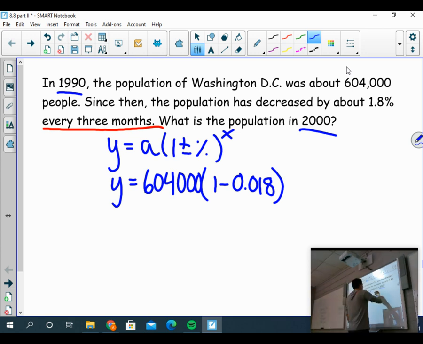Okay? So the question is, how many 3-month time periods happen in the 10-year span between 1990 and 2000? Well, 10 years go by, but per year, that decrease by 1.8% would happen 4 times, right? There are 4 3-month periods in a year.